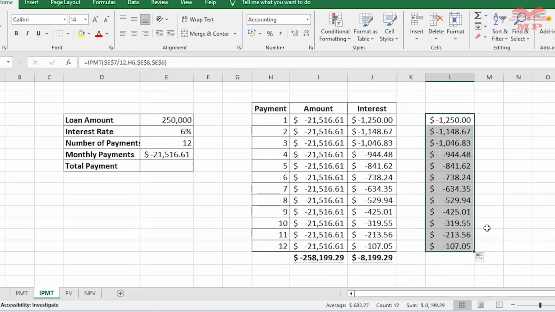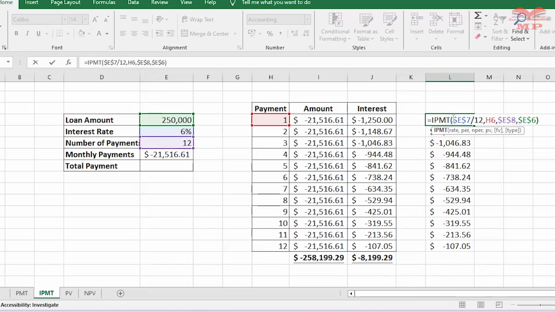Yes, it is working, right? So remember, those absolute references are very, very critical. If you forget this, it ends up being a bit disastrous because it will not work out the correct values for the rest of the range.